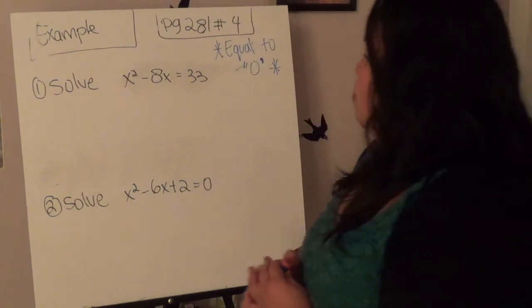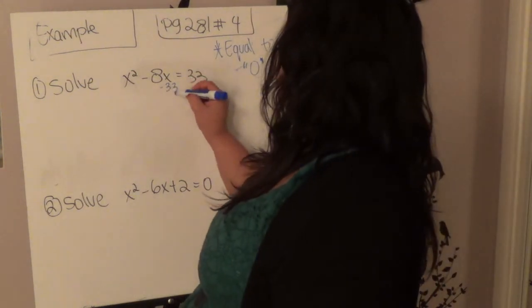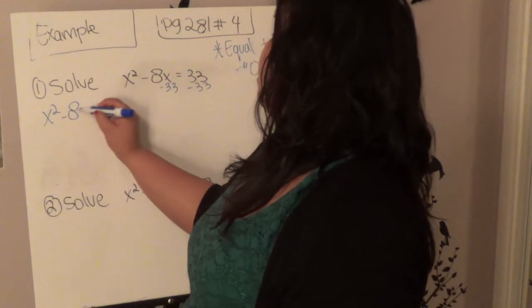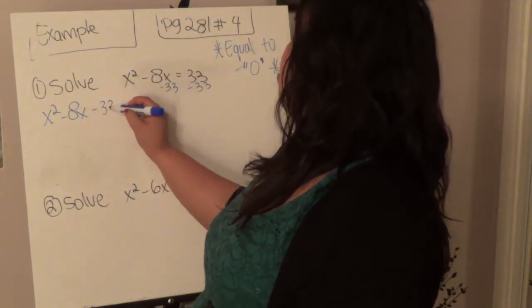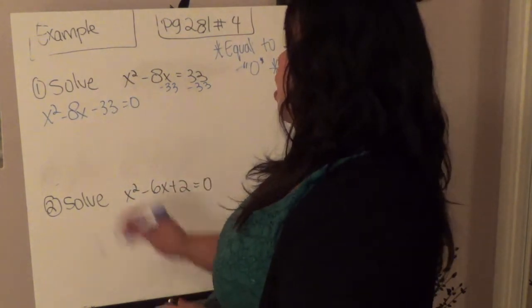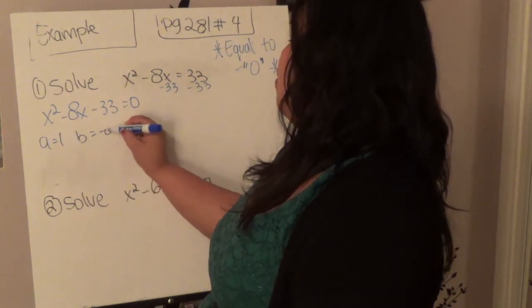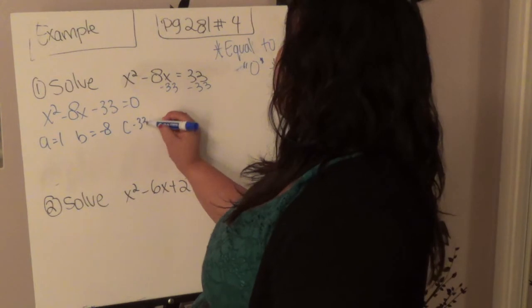Right? So that means I have to subtract 33 from both sides. I end up with x squared minus 8x minus 33 equals 0. My a equals 1, my b equals negative 8, and my c is negative 33.